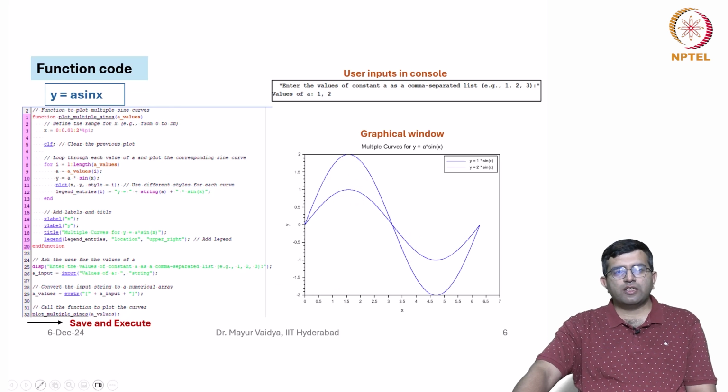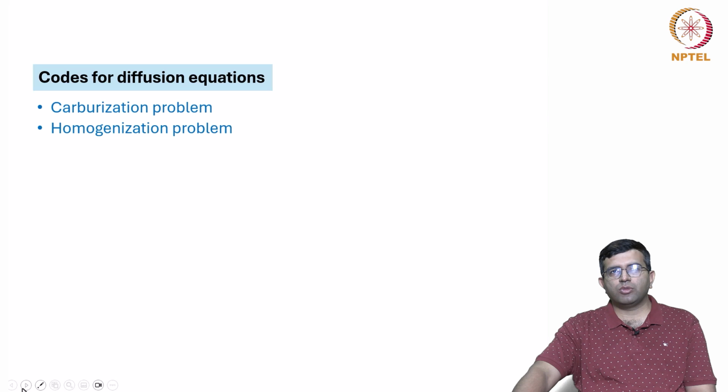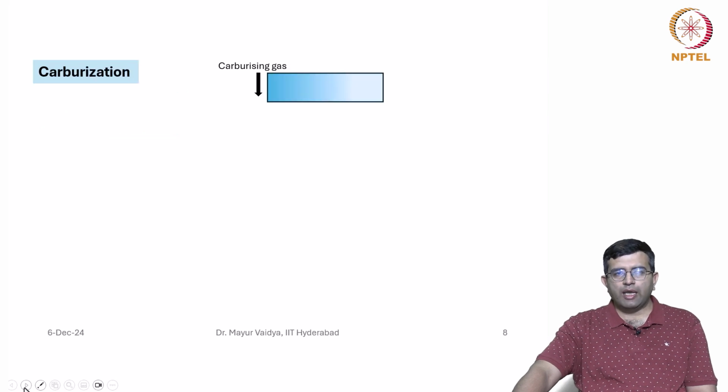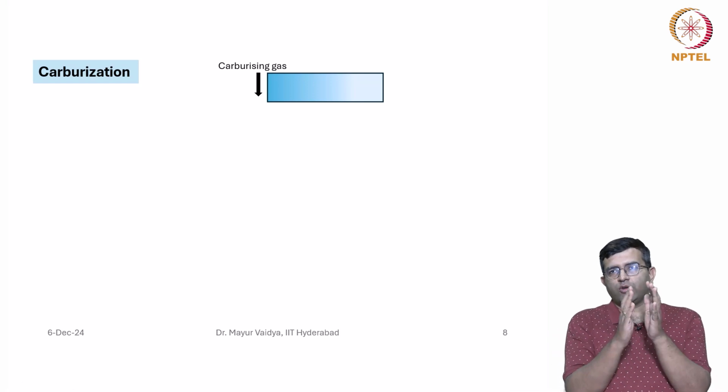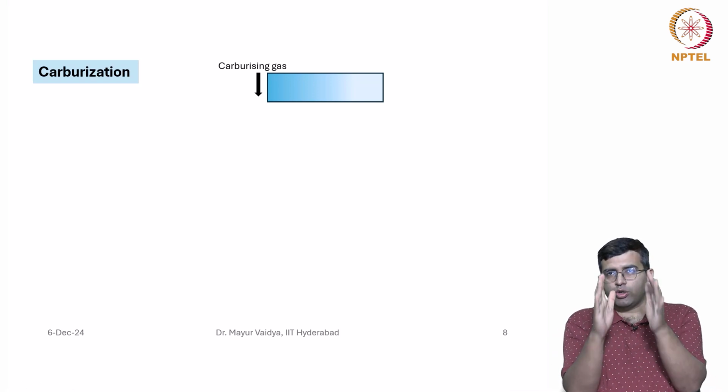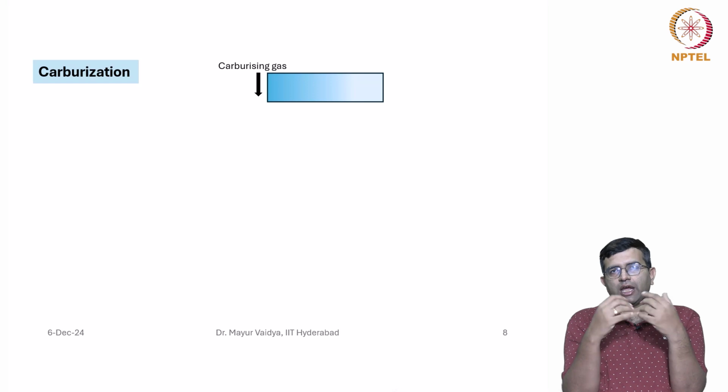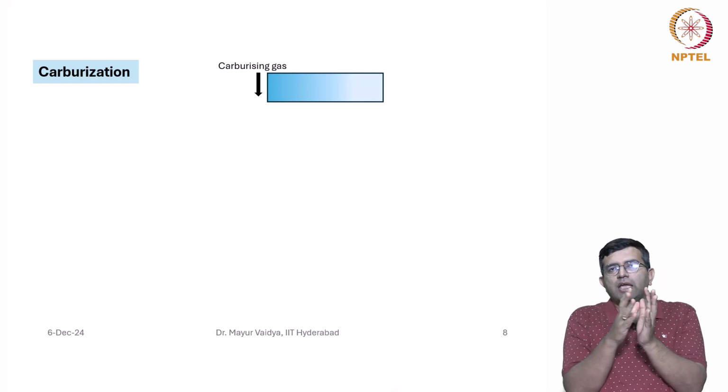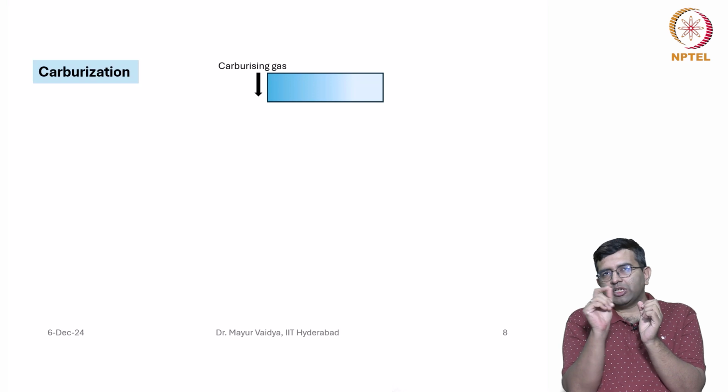Now let us move to our diffusion problem. How can we write code for the diffusion equation? Again, as I said, you do not have to memorize the code as such, but try to understand the code and see what parameters you can change.